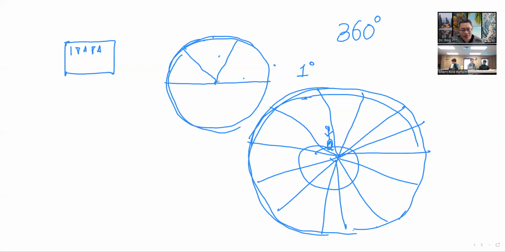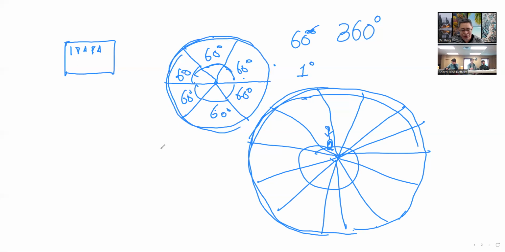One, two, three, four, five, six. They break it into six parts, and each one is 60 degrees. Therefore, the whole circle is 360 degrees. That's what we got from them.